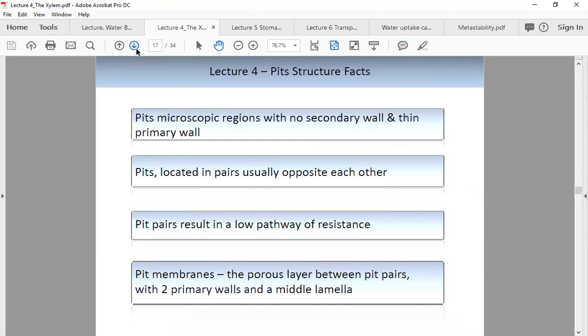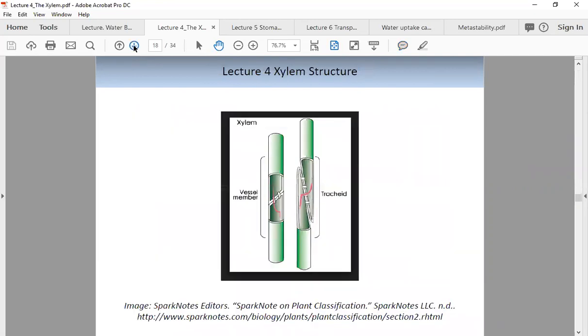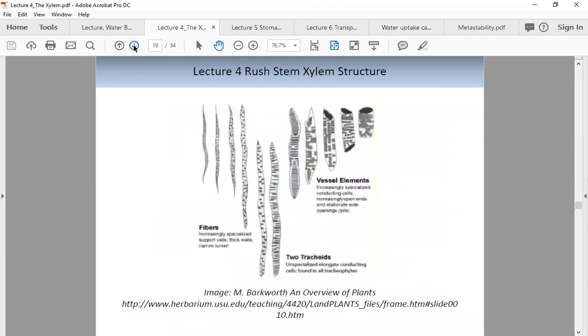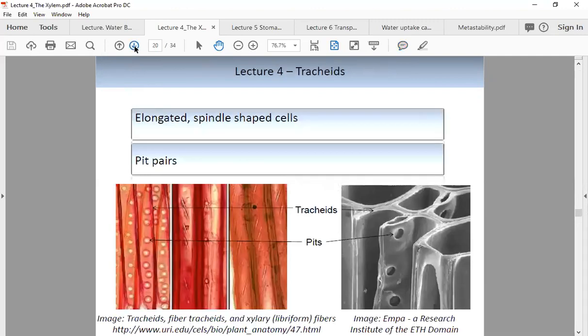I don't want to go over that because that's very straightforward. The xylem structure includes vessel elements, tracheids, and of course the interfascicular fibres, which are cells involved in structural support of the vascular tissue.